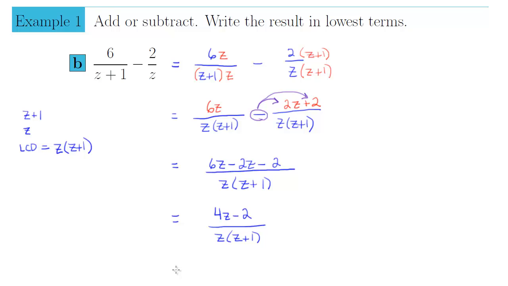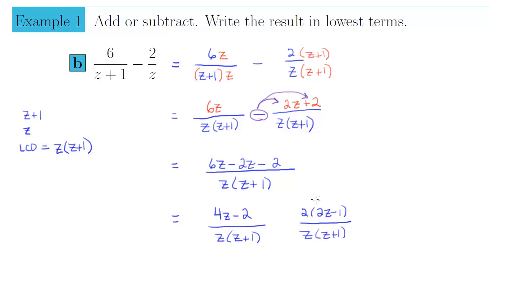Well, the key, remember, is to factor. And notice, actually, we can factor something out in the numerator. Notice we could take out a common factor of 2. If we were to take out a common factor of 2, we would be left with 2 times 2z minus 1 over z times z plus 1.